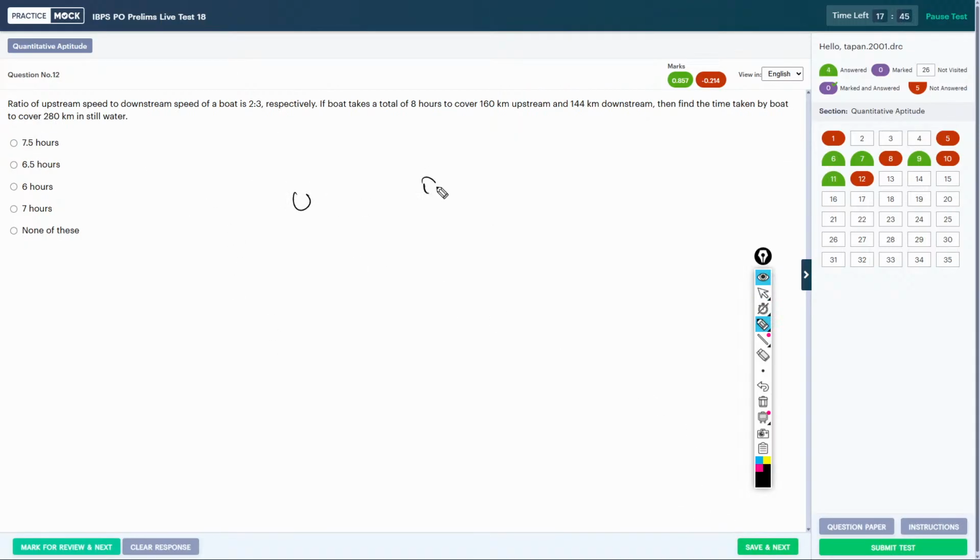Ratio of upstream to downstream is 2 to 3. It takes a total time of 8 hours to complete upstream and downstream. The total time taken by both to cover... Okay. So 40 plus what?